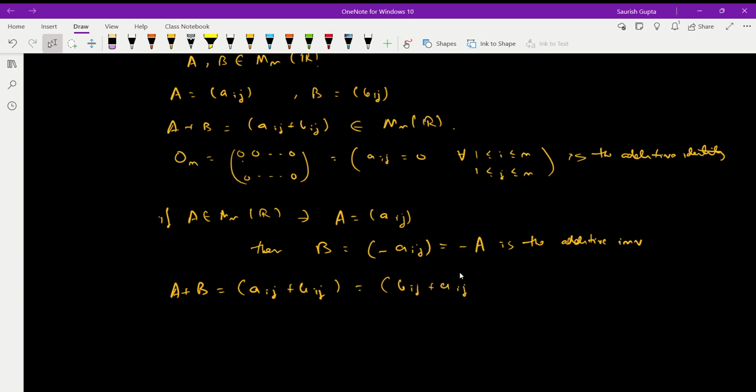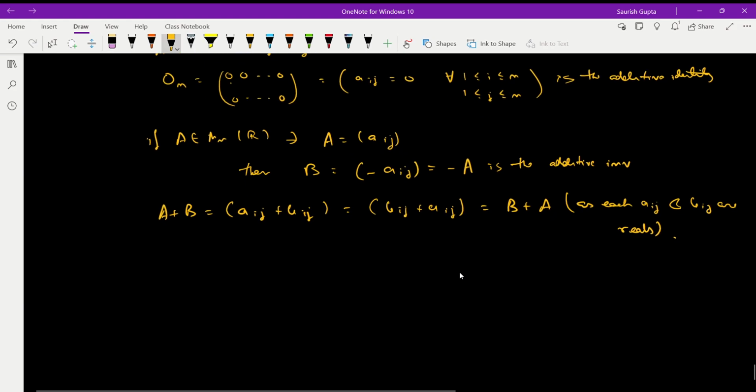But each Aij and Bij are real numbers, so it is obviously of the form Bij plus Aij, which is equal to B plus A, as each Aij and Bij are reals. So it's obviously an additive abelian group. The set of matrices with respect to matrix addition is an additive abelian group.